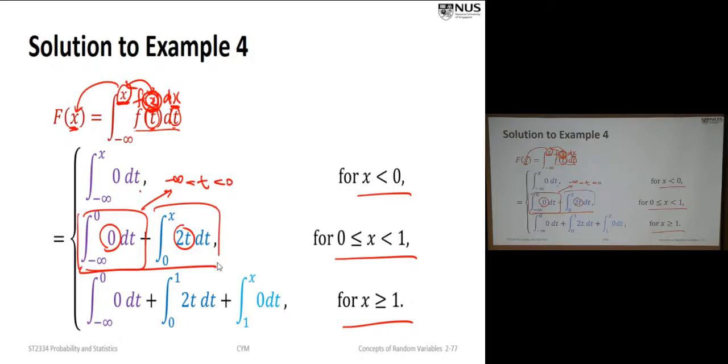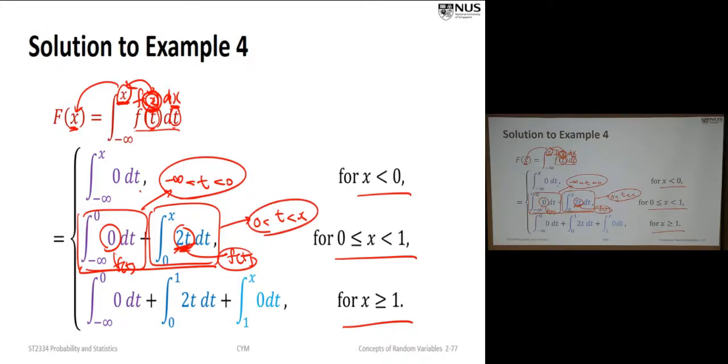This part refers to t between 0 and x. This f of t equal to 2t is only valid for this region. So that's how you do it. The last one is from minus infinity to 0, then 0 to 1, and then 1 to x.